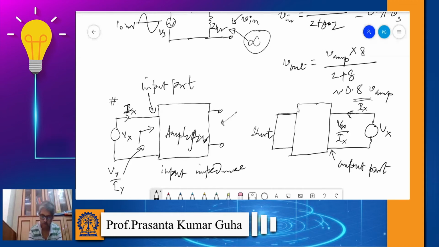When we have shorted the inputs, I mean the voltage present at the input, because we usually put a small signal voltage at the input for the amplifier, we need to short that voltage signal. Whereas when we are finding the input impedance, there is no voltage signal at the output, we are not applying any voltage signal, so we have an open circuit at the output.